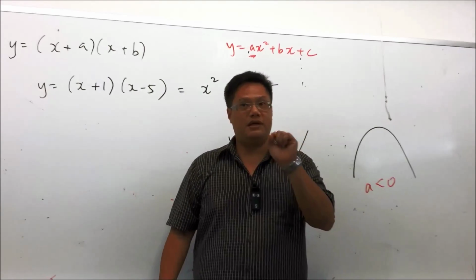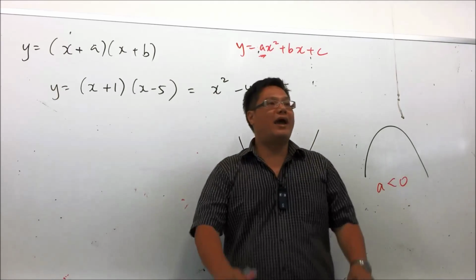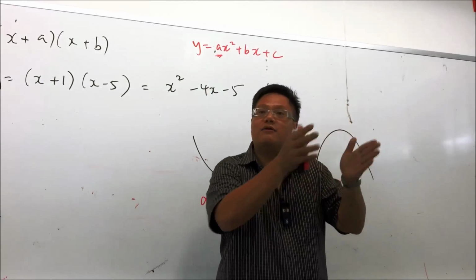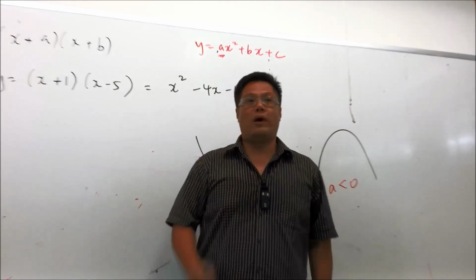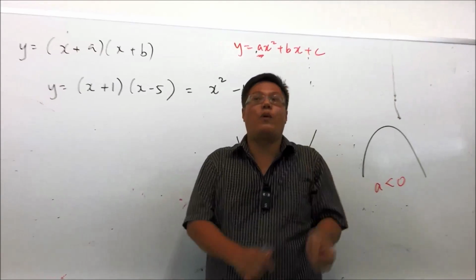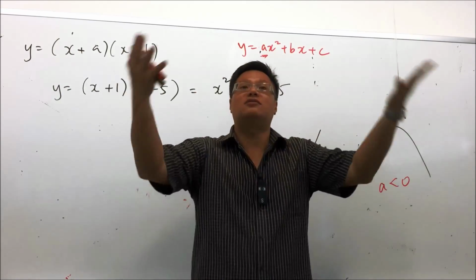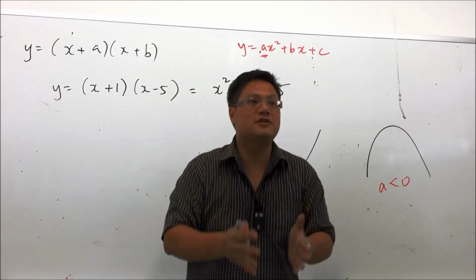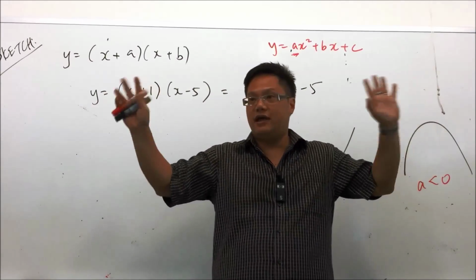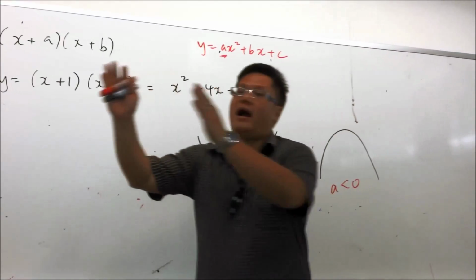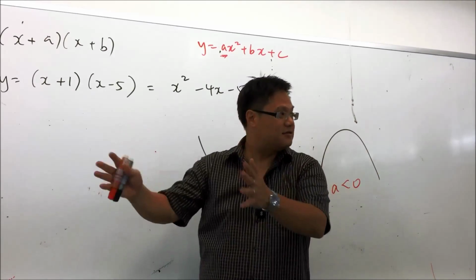I will repeat this for Michelle. When you want to find x-intercepts, y equals 0. When you want to find y-intercept, x equals 0. Just remember like that, reverse. X-intercept when y equals 0. Y-intercept when x equals 0.